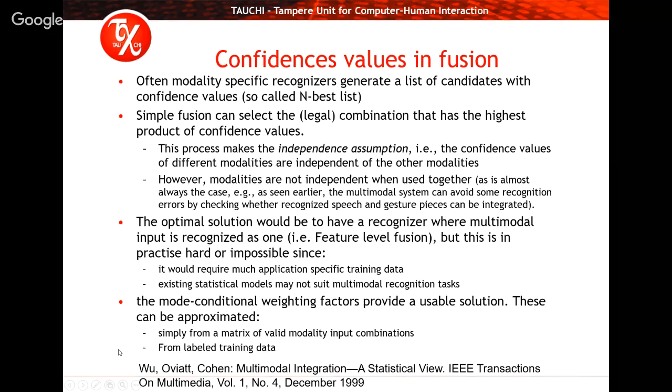fusion, where we have different types of feature streams from different modalities. If this independence assumption cannot be held, so different combinations of modalities result in differently distorted probabilities of confidence scores, then you might have some sort of pre-adjusted matrix, that okay, if we get bad confidence from this and bad confidence from this, we actually add something to it because they support each other or something like that.